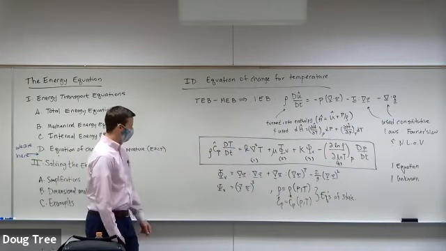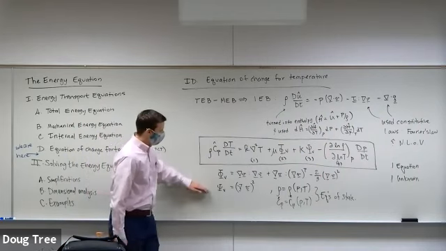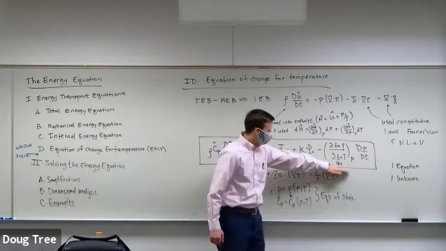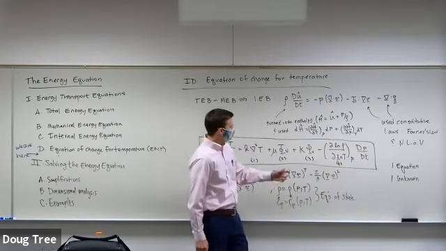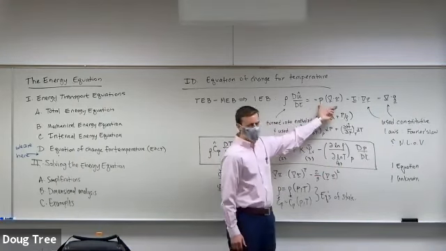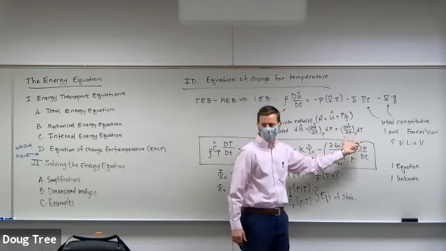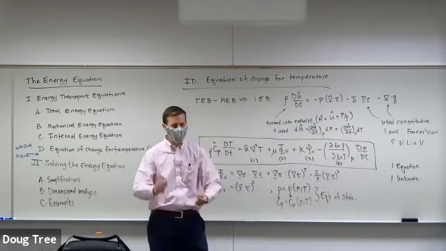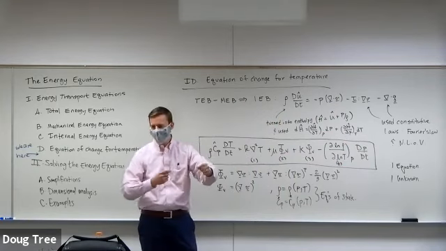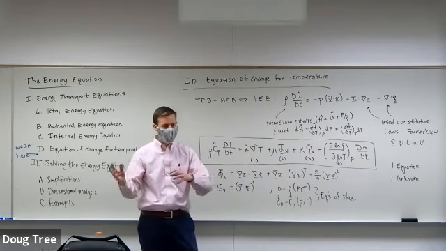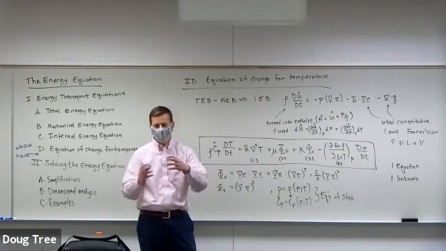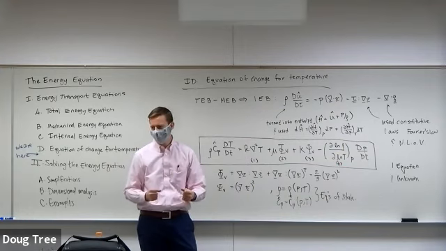Okay, so we've got those terms. And then the term 4 comes from this P del dot V part, and from this term over here, dH dP and dT. It's basically all of the reversible stuff, when I have changes in density or changes in pressure that affect my temperature.